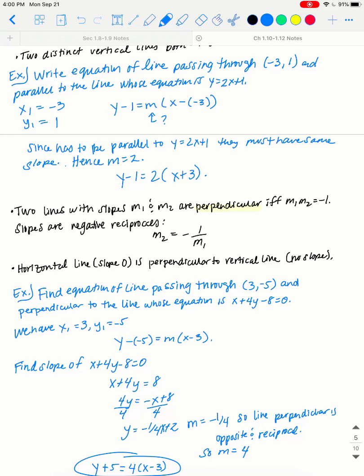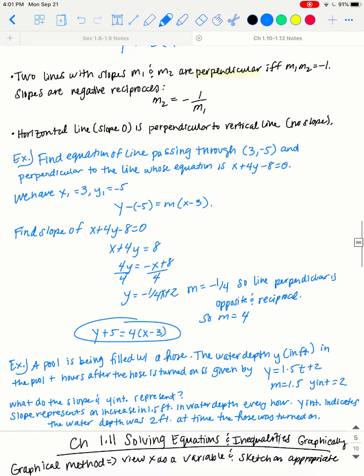So we're missing our slope. So where do you think our slope is going to come from? Since it has to be parallel to y equals 2x plus 1, they have to have the same slope. Therefore, our m is going to equal 2. So we go ahead and plug that in. And there's our equation of a line. And we don't have to really simplify it. It just wants the equation.